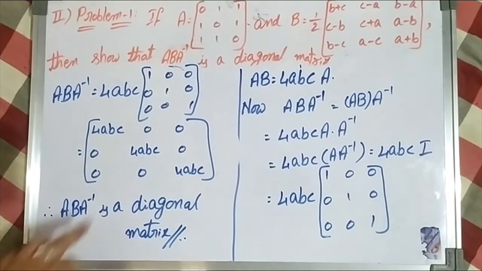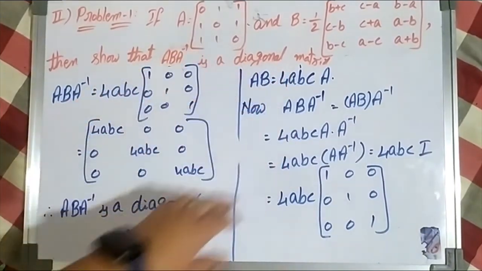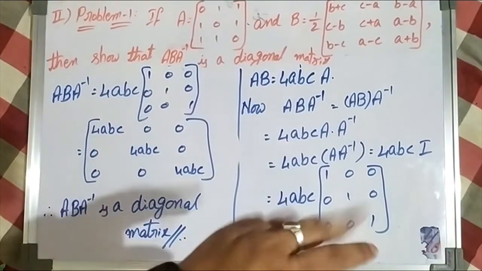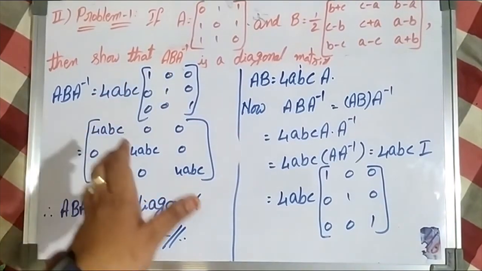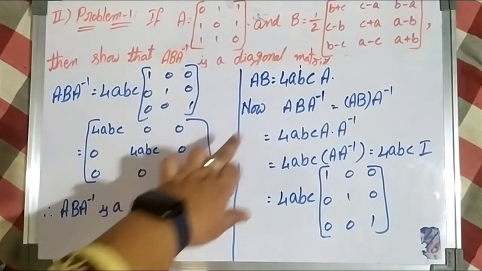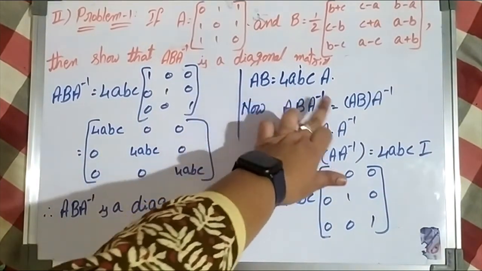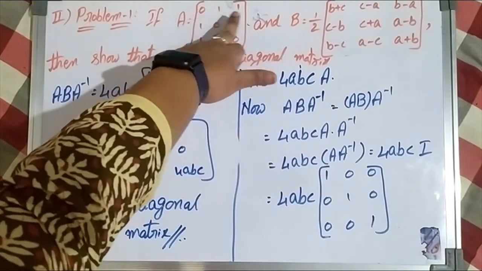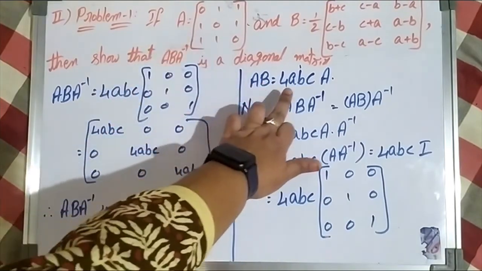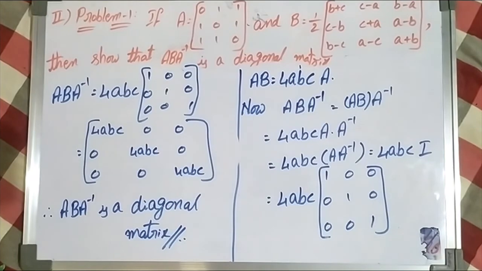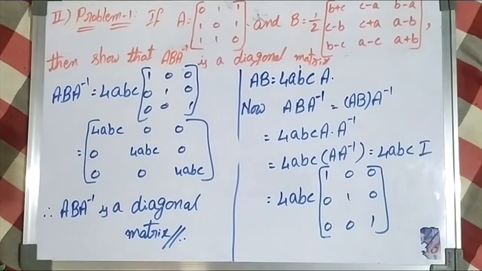For showing that AB into A inverse is a diagonal matrix, first we write down the given matrices A and B, and then calculate the AB value, A into B multiplication. By calculating the multiplication, we get AB equal to 4ABC, constant values, into matrix 0 1 1, 1 0 1, 1 1 0. This matrix is nothing but A, so AB equal to 4ABC into A. Now we have to show AB A inverse is a diagonal matrix.